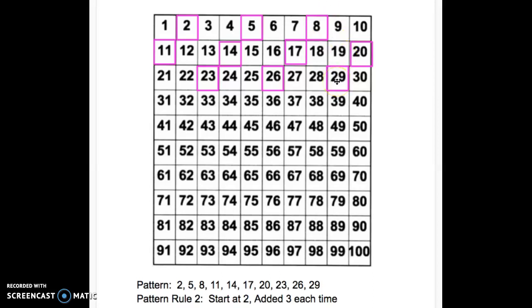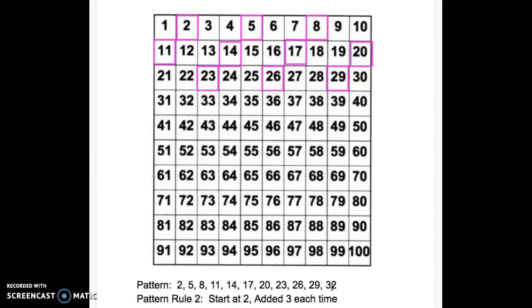I know if I add 3 to 29, I'm going to get to 32, which is along that diagonal, according to that first rule, but it also follows our pattern rule number 2. So using either one of these pattern rules, whether we're talking about the diagonals or starting at 2 and adding 3 each time, it can help us to continue the pattern. If I add 3 to 29, I get 32.